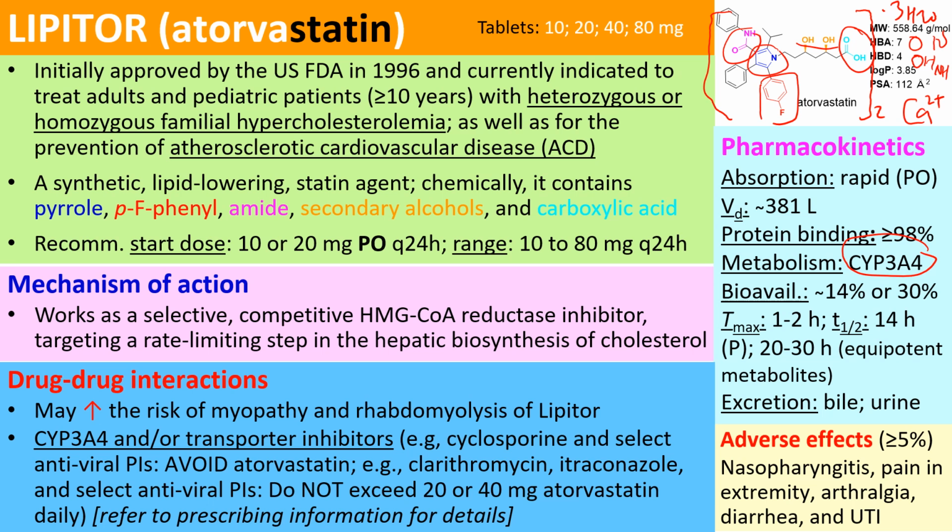So the metabolic sites would be the 4-hydroxy or the 2-hydroxy group. So those are the active metabolites formed by CYP3A4. Bioavailability is about 14% for the parent drug molecule, about 30% for the overall HMG-CoA inhibitory activity, so including the metabolites.